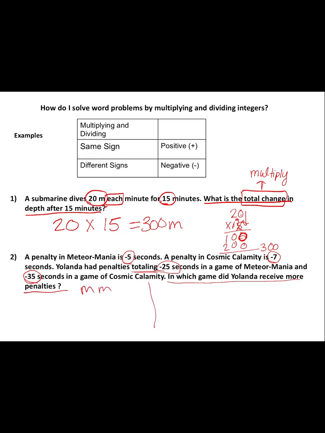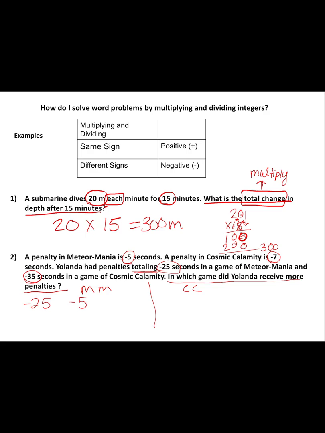Okay, so we have to divide this into 2 problems. First, let's deal with Meter Mania. The total amount of penalties that she received in Meter Mania was -25 seconds. The amount for one penalty is -5 seconds.